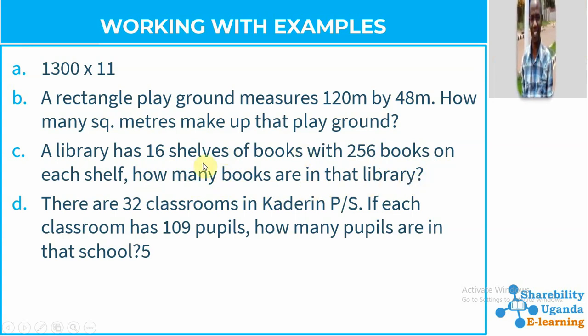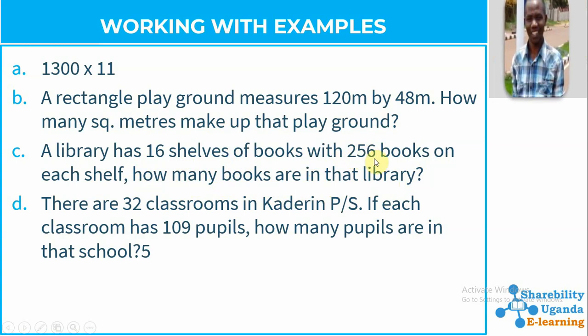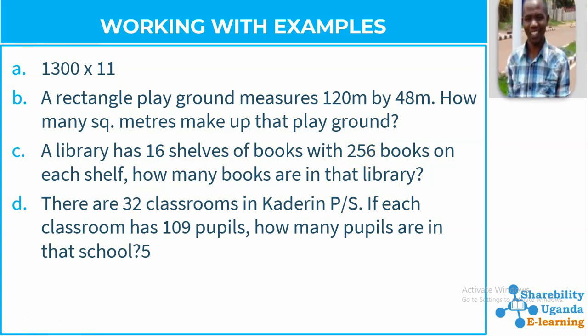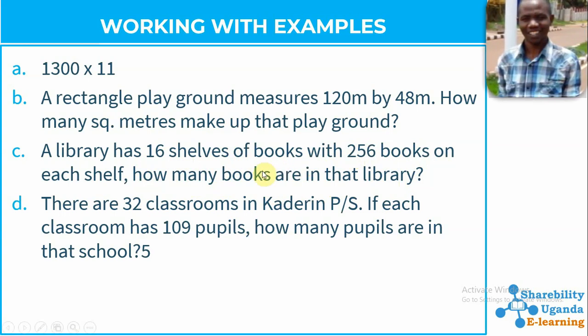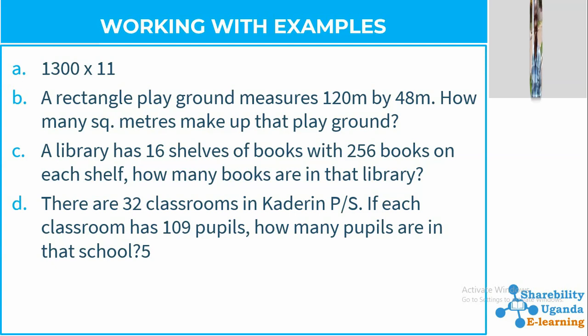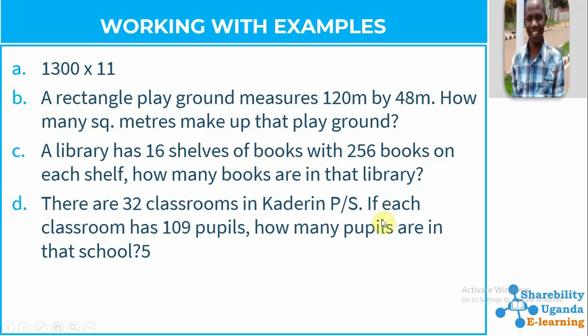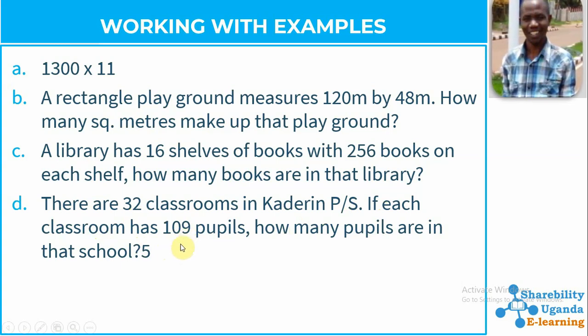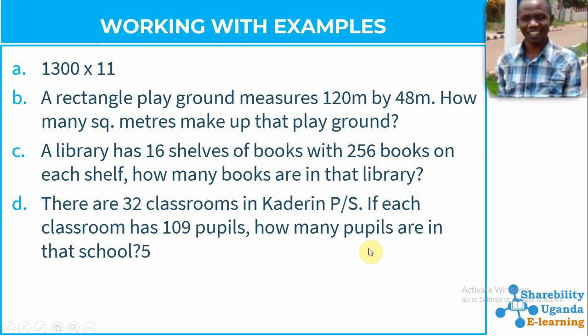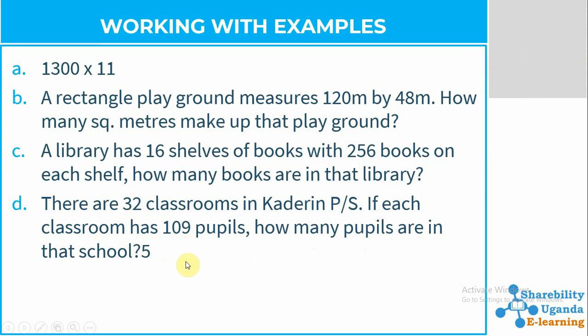Also in part D, they are saying there are 32 classrooms in Kadrin Primary School. If each classroom has 109 pupils, how many pupils are in that school?